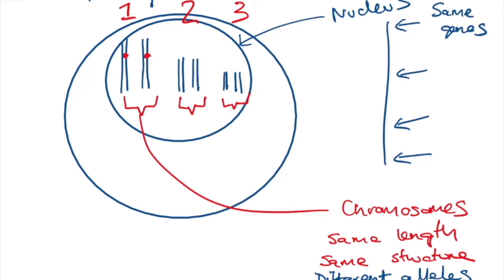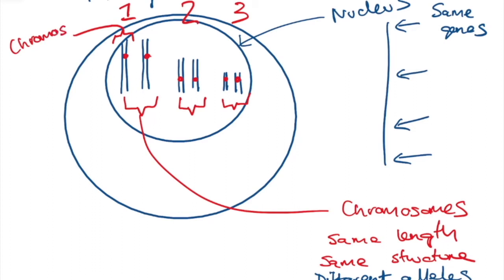So by the end of S phase, where DNA has replicated, we will have an extra chromosome for all of these. So this is where the language gets a bit confusing. So we said that we had 1 chromosome, and now we've copied it, and yet we can still say that this is a chromosome, and that's confusing.